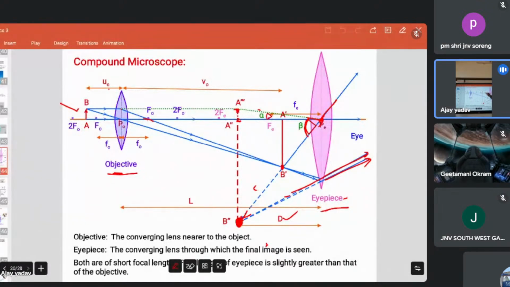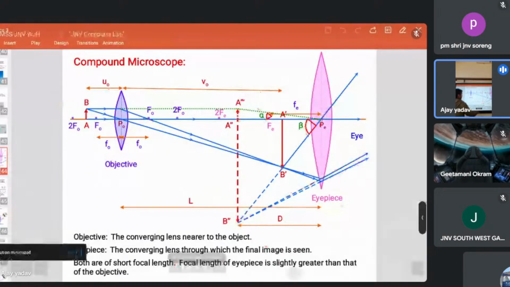So this angle made at the eye is alpha. This alpha is made by the object, which we consider as A'''A''. The angle made by the object is alpha and the angle made by the image is beta. Okay, so these are all the description.